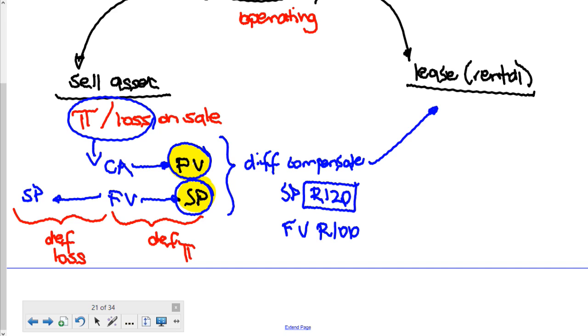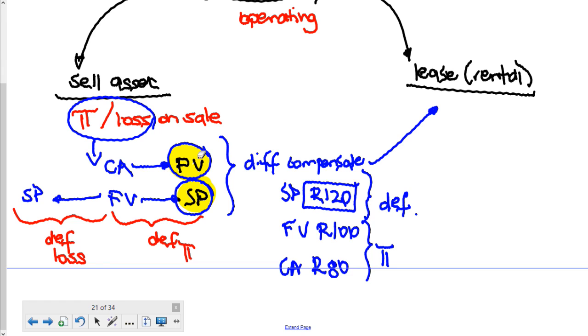I'm willing to pay more if you give me the extra money. And he says, sure, because he's a bank. From his perspective, it's just a financing arrangement. What we're going to do is we're going to say, if the carrying amount of my asset was say 80, you're not allowed to recognize profit of 40. You're only allowed to recognize this as profit, and this piece you must defer.